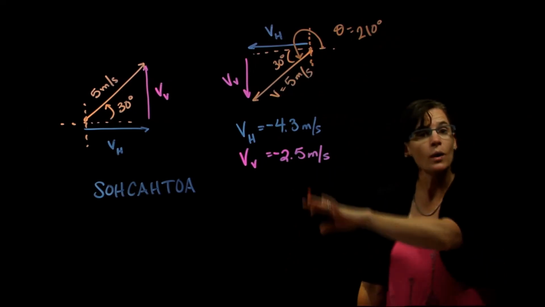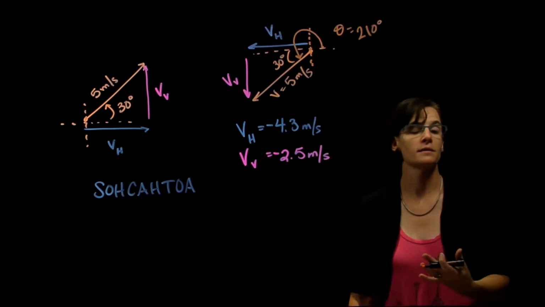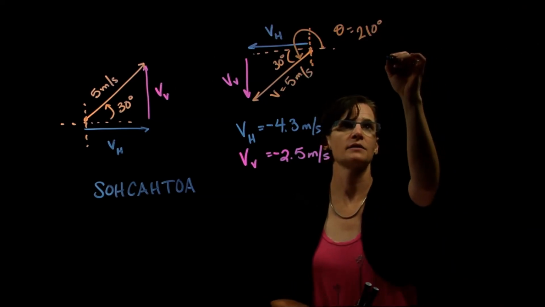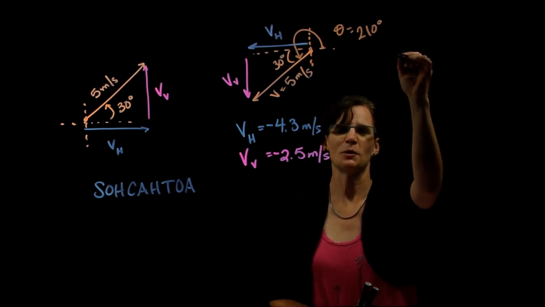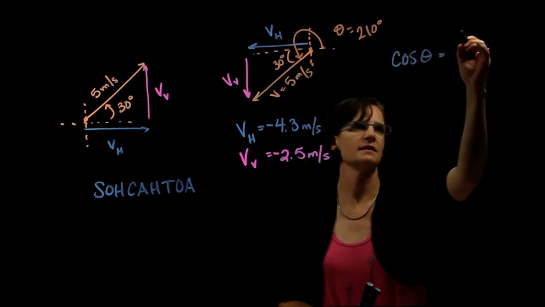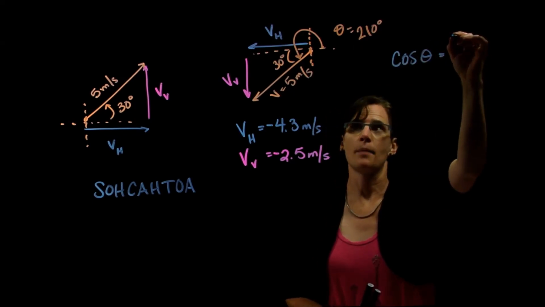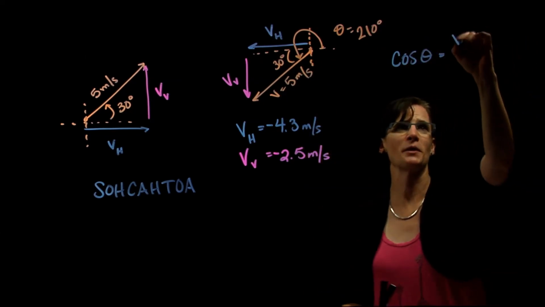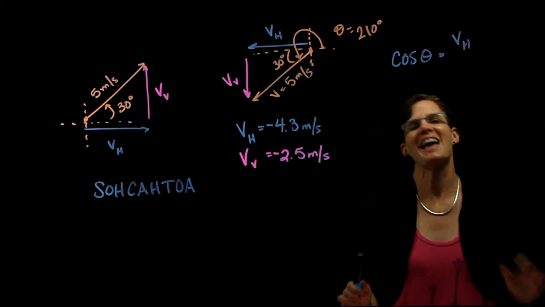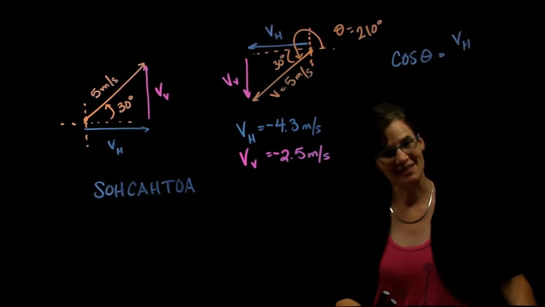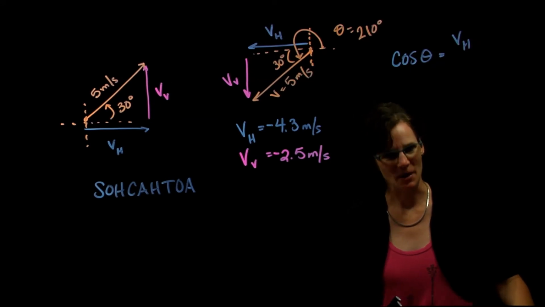Now, SOHCAHTOA will work for us in absolute. All right, so reminding ourselves that the horizontal component is the cosine. So the cosine of my angle is, well, forget the opposite, it is always the horizontal. If I use the angle relative to the positive x-axis, the cosine will always give me my horizontal component.